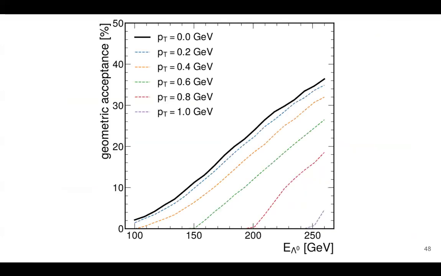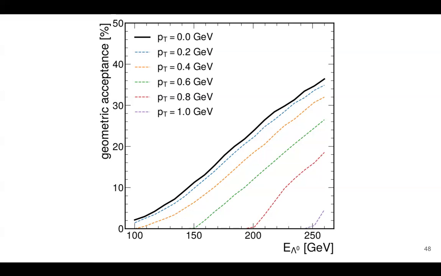So we projected how well we could do this. This is the geometrical acceptance if you integrate it over Z for a lambda of PT 0, and different colors are representing different PT intervals. So this shows you that even for a PT 0 at 100 GeV, you can have like 5% acceptance, which is okay.